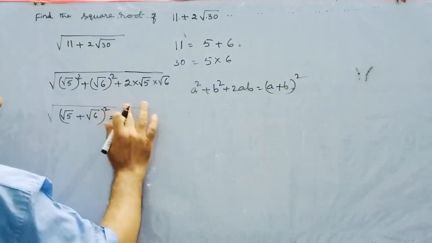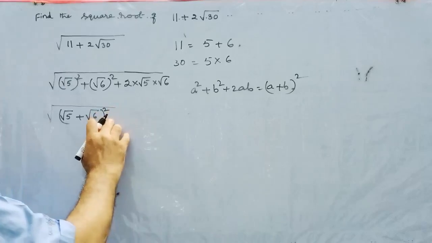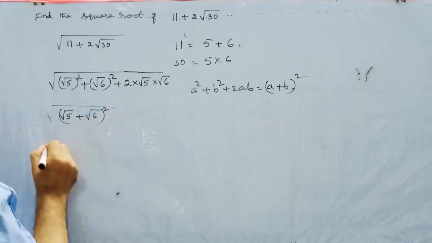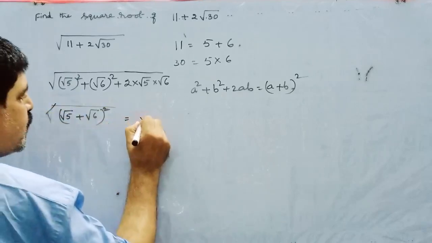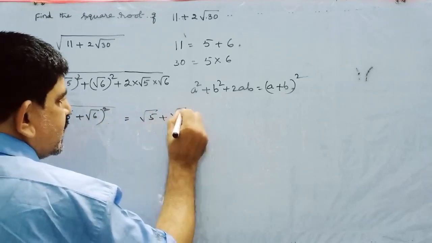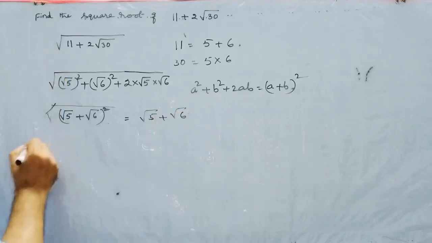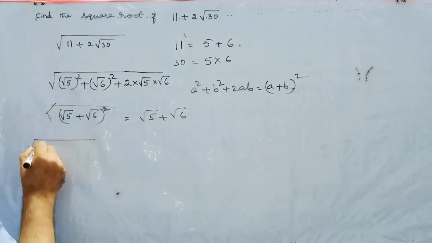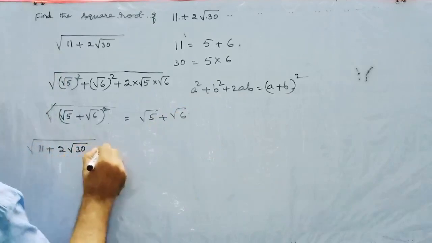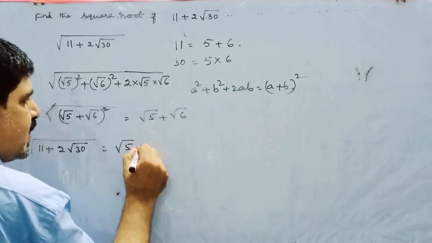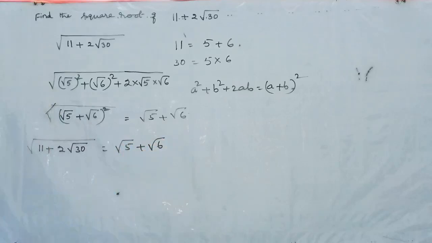The square and root get cancelled. The remainder is root 5 plus root 6. Okay, understood children? Now the square root of 11 plus 2 root 30 is equal to root 5 plus root 6.